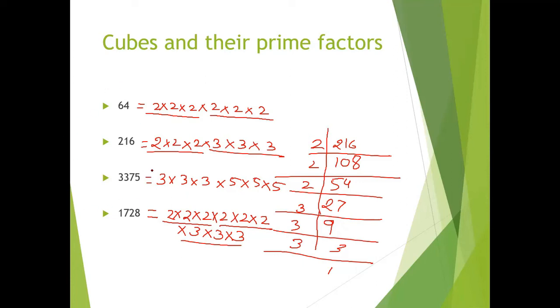All these numbers are perfect cubes, and we do their prime factorization, and we observe that each prime factor appears 3 times. So this is an important thing to note, that in a perfect cube, each prime factor will appear 3 times.